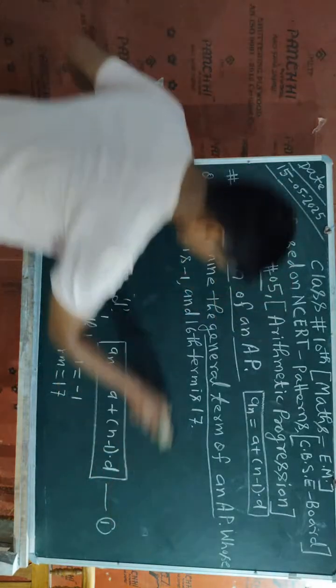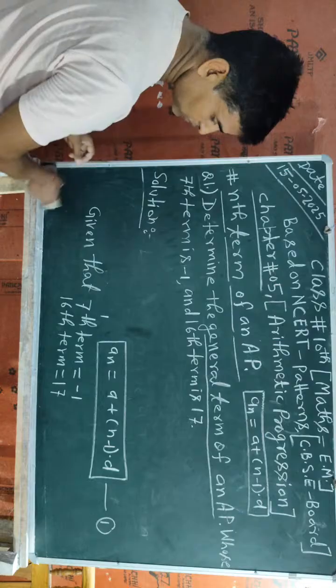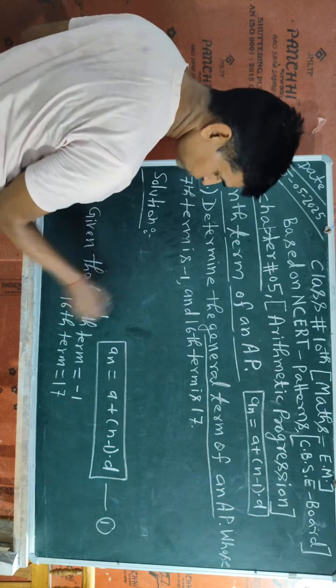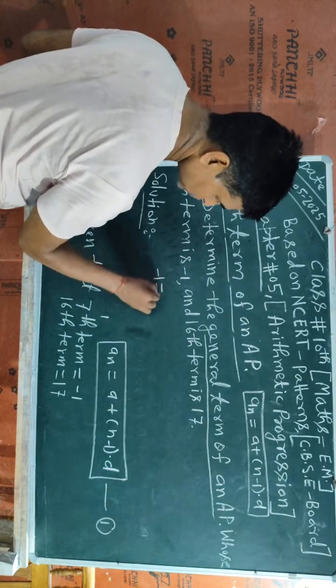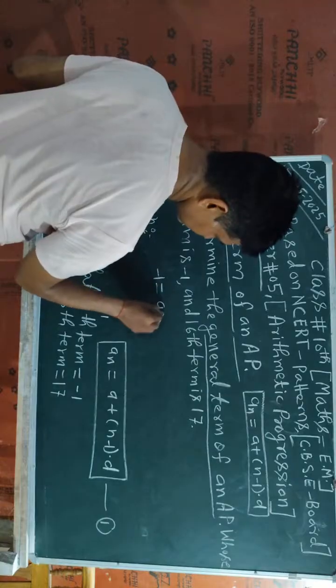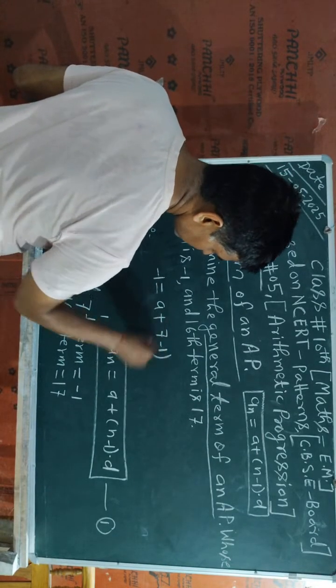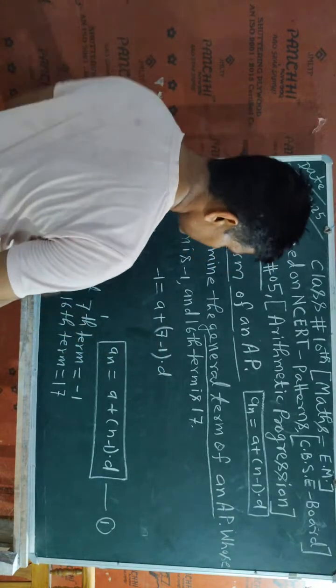So here I am going to erase the above information because we have to complete it. The seventh term is minus 1, so I will put here minus 1, which is equal to A, and the value of N is 7, minus 1, into D. I have to put here D. So I will simplify it.